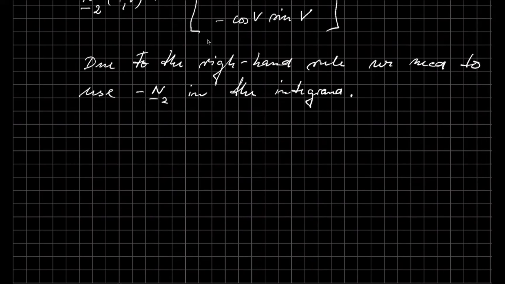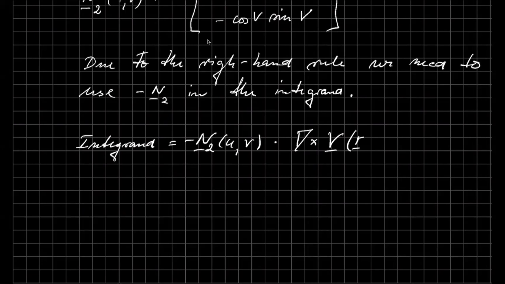And then the integrand becomes minus N2 of u comma v, dotted with the curl flux of the vector field restricted to R2 of u, v.